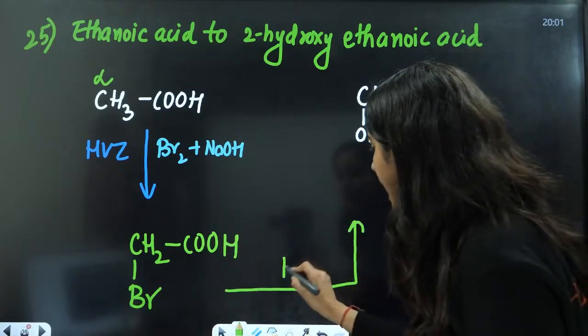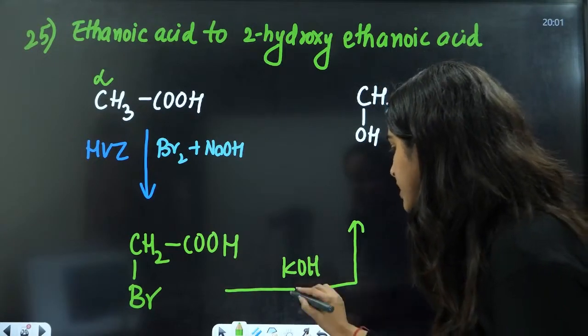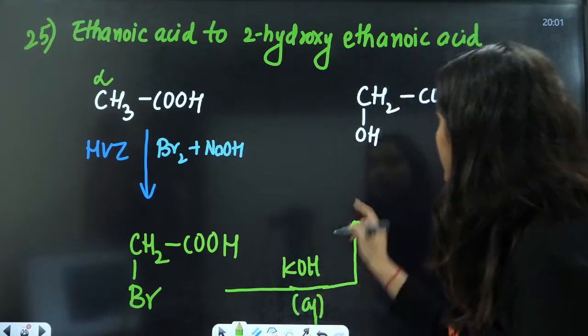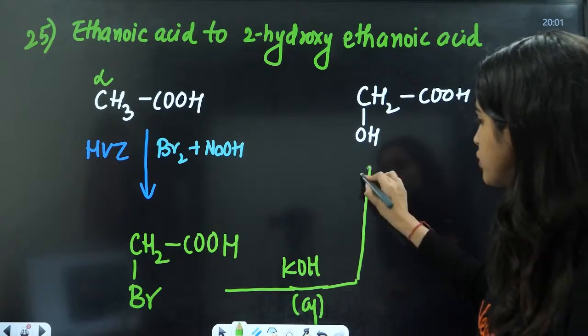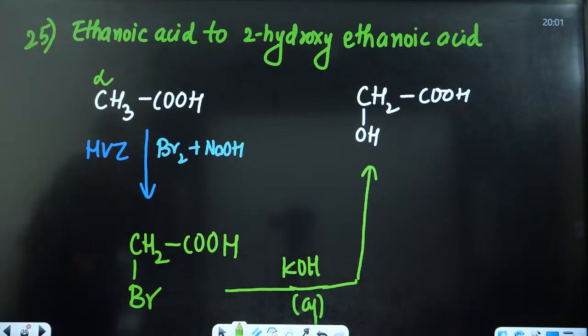Then simply add aqueous KOH, and this will be changed to your 2-hydroxyethanoic acid, right?